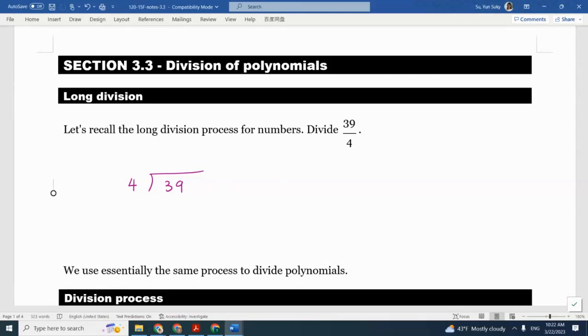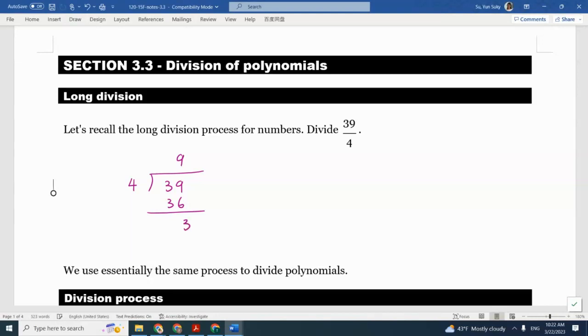What do you want to put here? What multiplied by 4 is less than 39? 9, right? You want to find the biggest number. So 9. 9 times 4 is 36, right? And then you use the first line, subtract the second line, and you get what?